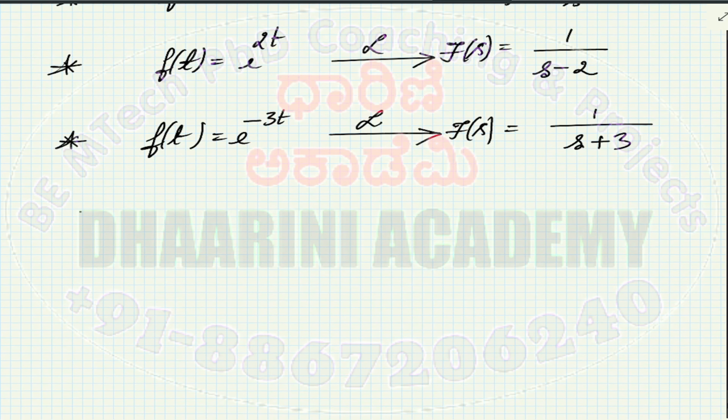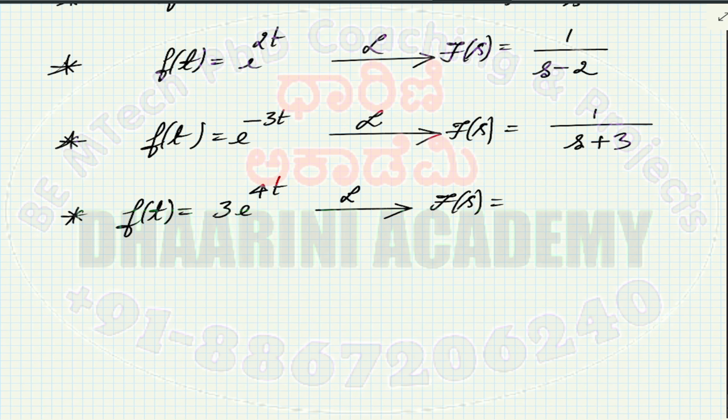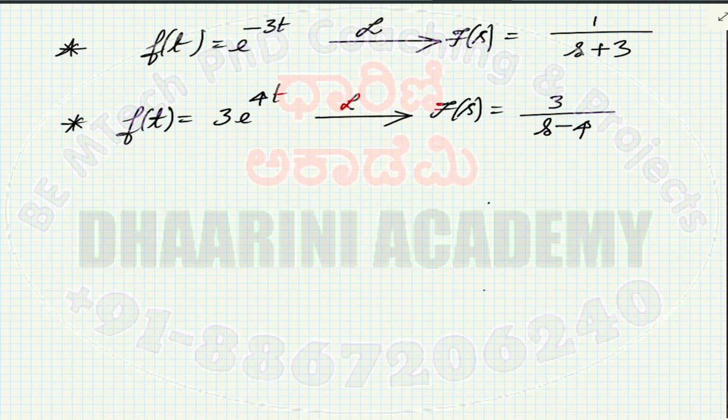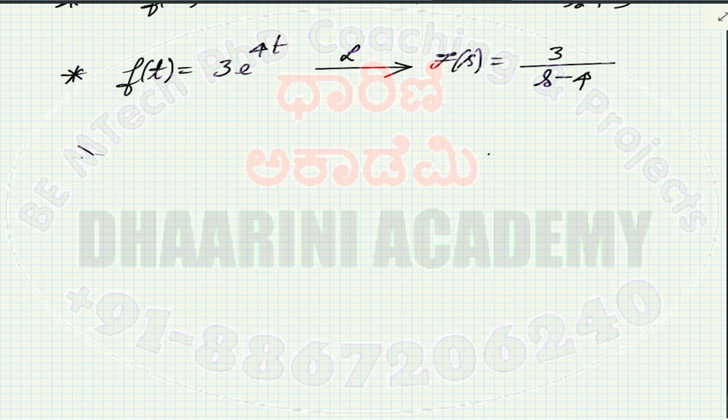Going further, the next question is f of t is equal to 3 into e to the, say, plus 4t. So find out. This means F of s is equal to, see, the constant you can keep there as it is. This is 3 divided by s minus 4. Okay, next question is this.